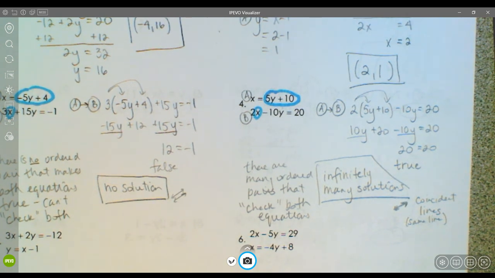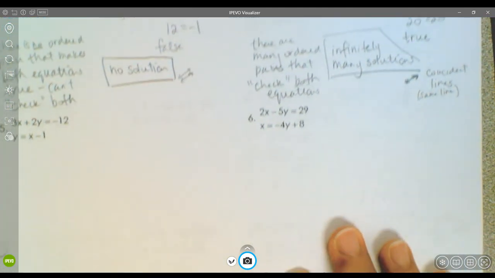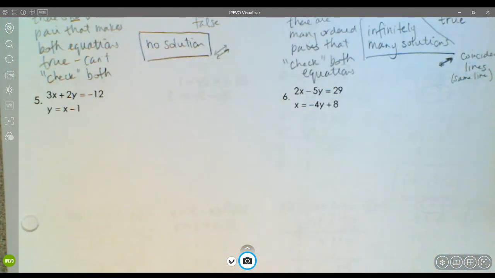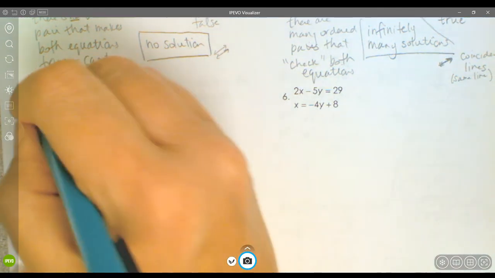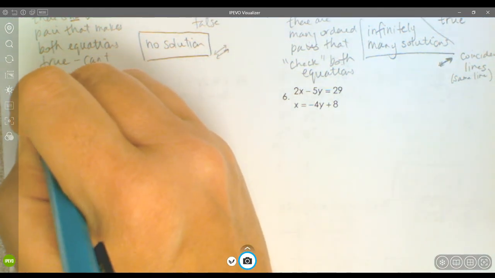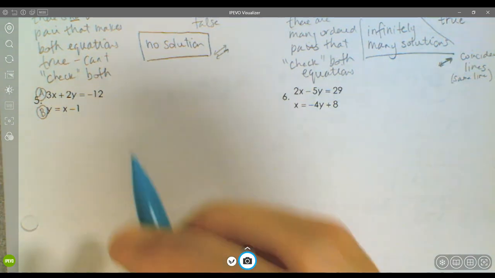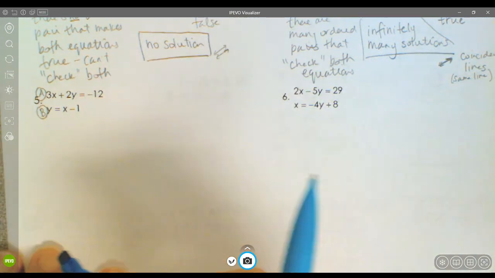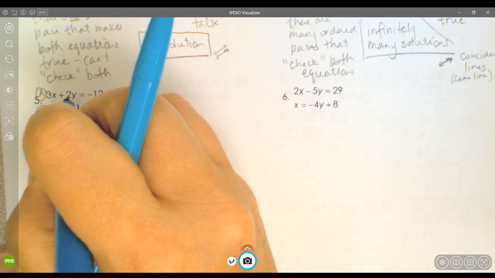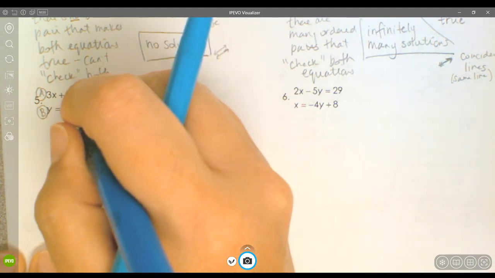Now I want to look at number 5. I have equation A and equation B. On this problem, it looks like the variable that's isolated by itself is y in the bottom equation.